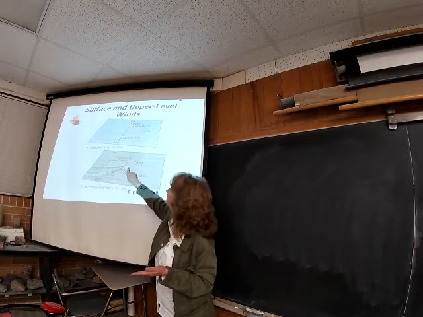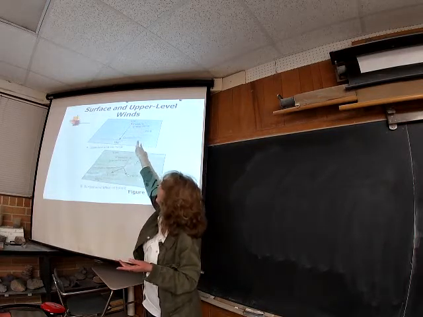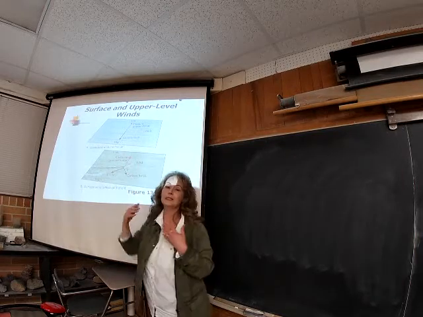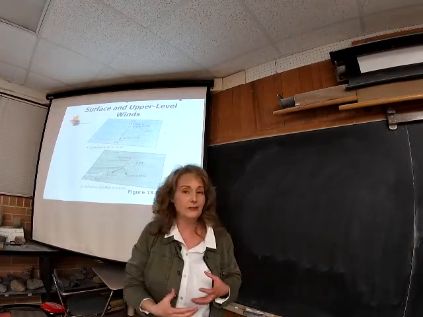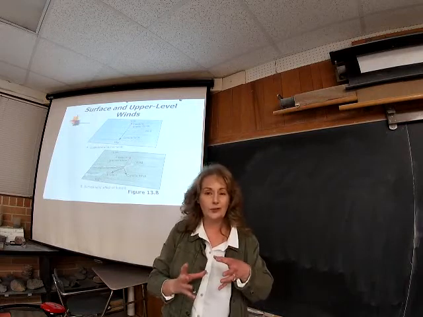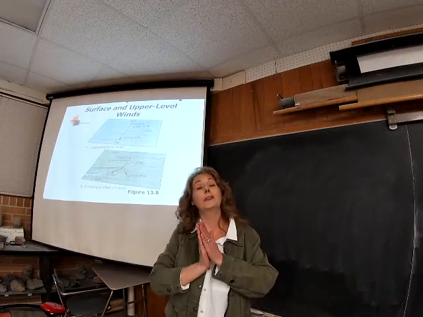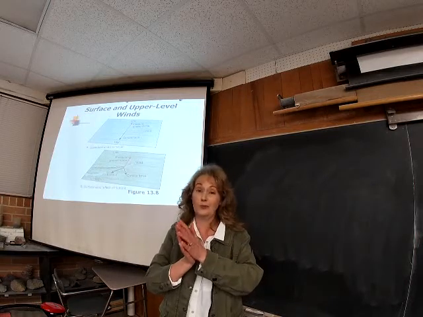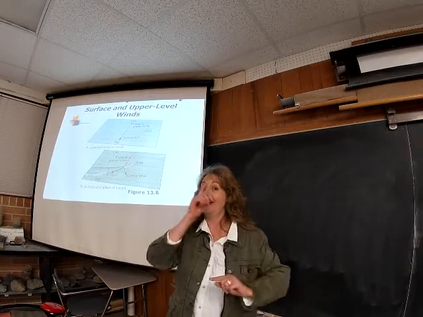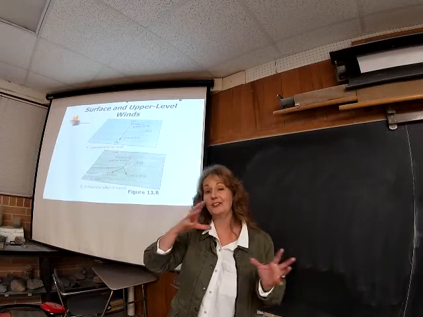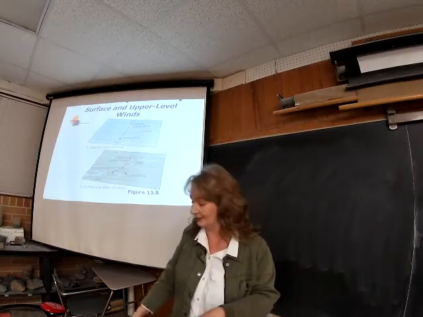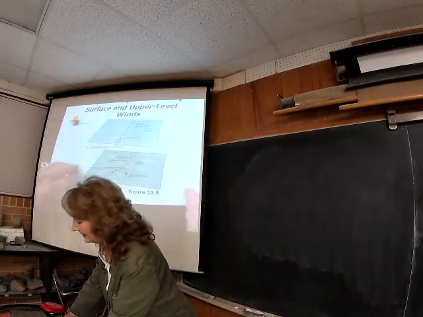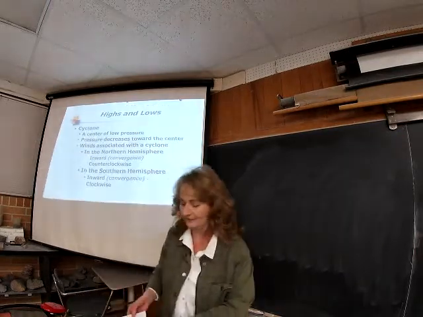See how these were going parallel to the isobars? We cross the isobars as we add the friction in. Resolution of those vectors causes the wind to go across isobars, but still always toward low pressure. We start to get a rotation around a pressure system in this manner. Okay, and so we'll look at some of those in a bit.